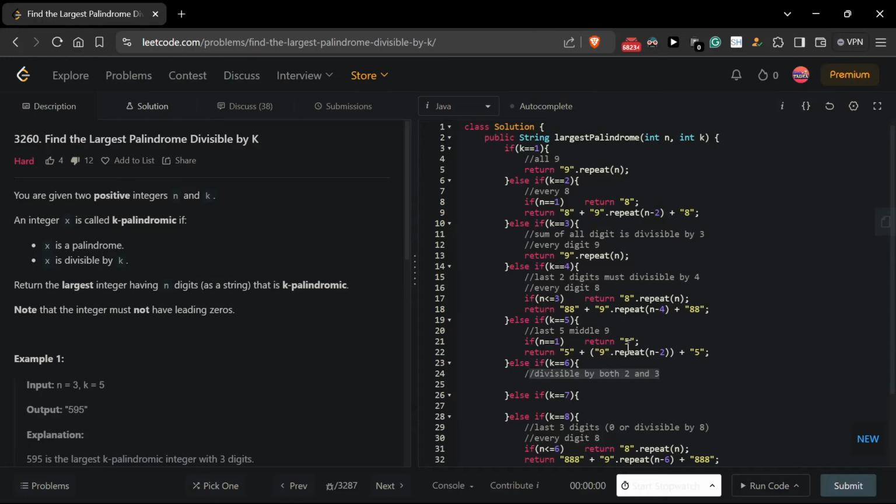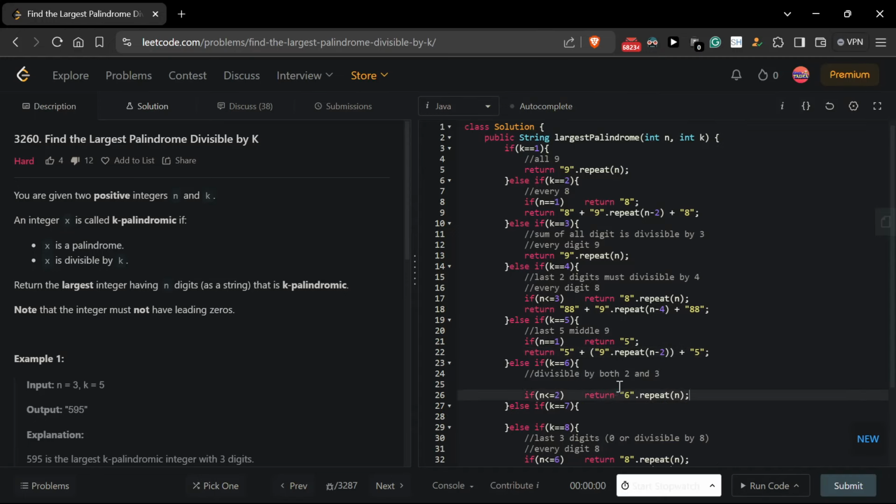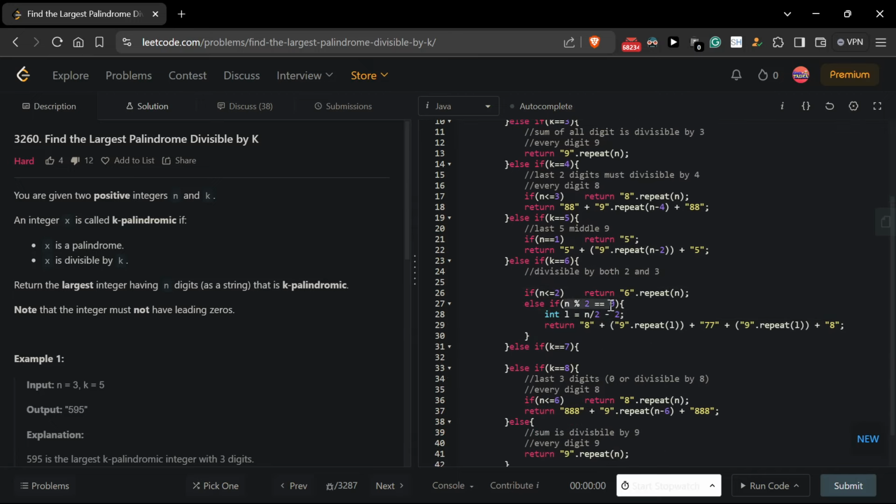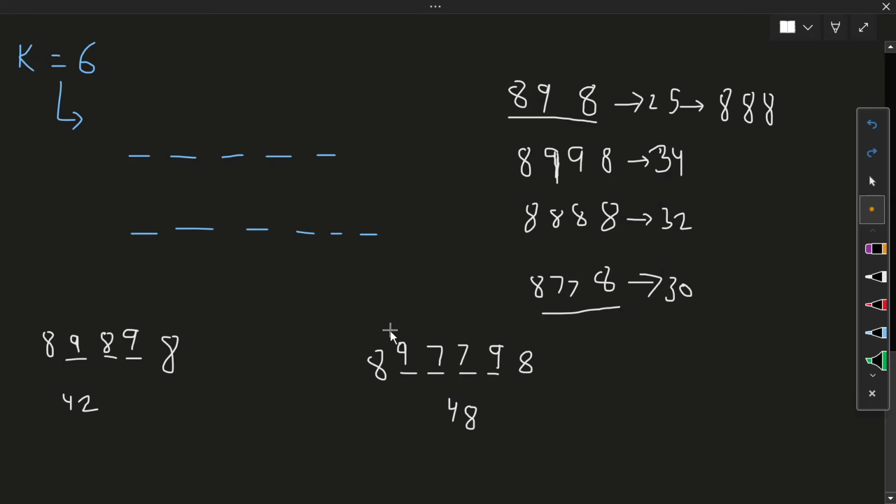Let's code this. For n less than 2, just repeat 6. If it is even, say its length is 6, we want to repeat 9 some number of times.